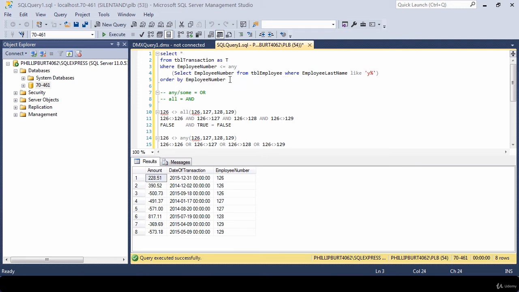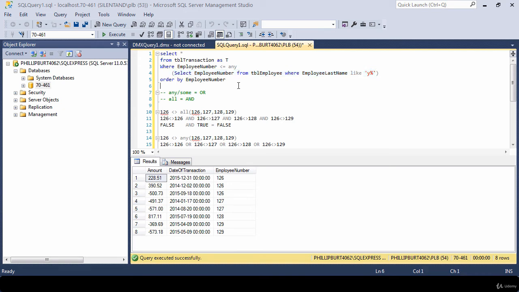So let's have a think about what's going to happen. It's going to, because I'm using any, look into here and say 126, 127, 128, 129. And essentially it's going to say which is the highest of them. 129.